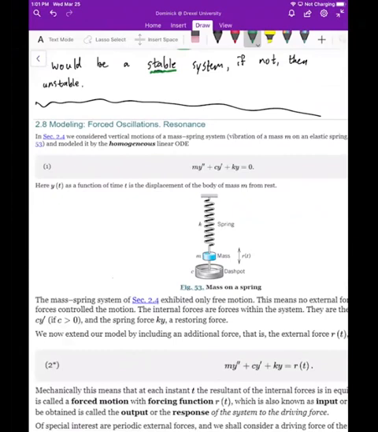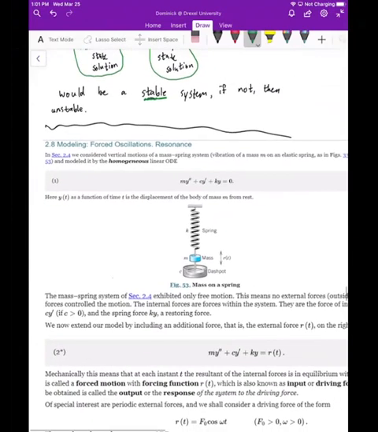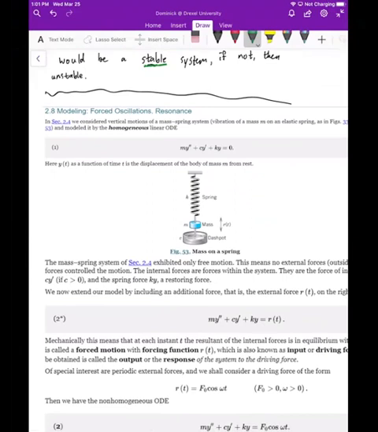So this, again, is essentially saying that we're looking at our familiar mass on a spring system where, of course, if you have some sort of damping, then that is the dashpot at the bottom there.